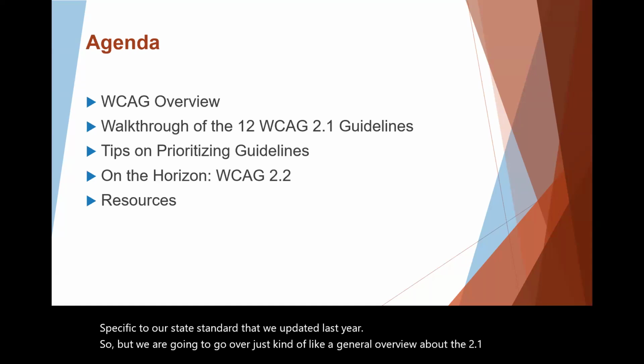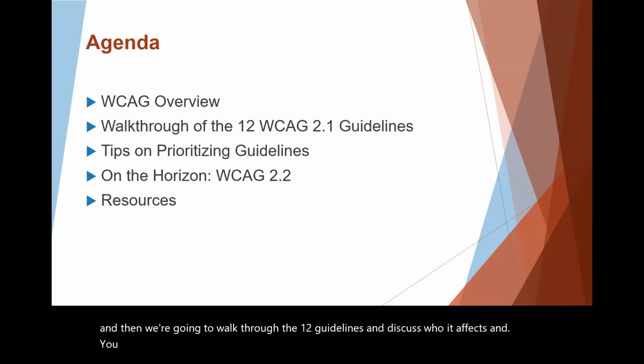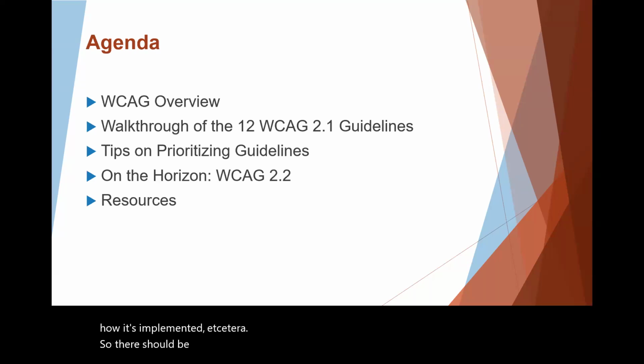And then we're going to walk through the 12 guidelines, and discuss who it affects and testing tools that can aid you in implementing the guideline and checking how it's implemented, etc.